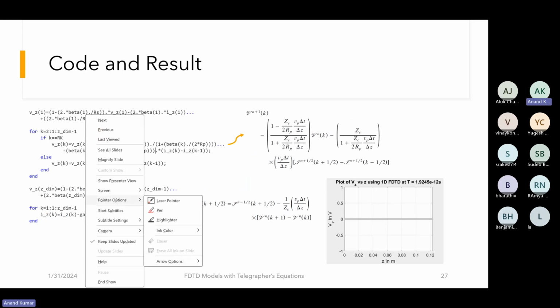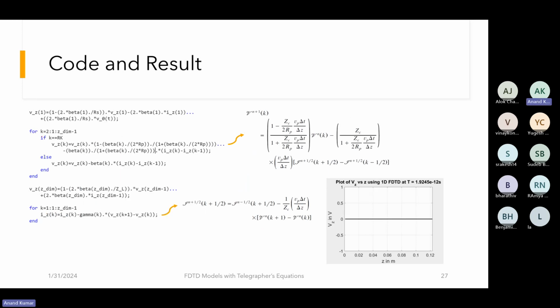So let me just change back to pen. So the voltage update equation is modified, and this was the update equation, right? So make sure, if you know the operators correctly, then you can skip so many brackets. To be very sure, I have included all the brackets so that there is not any mistake in calculating these coefficients.